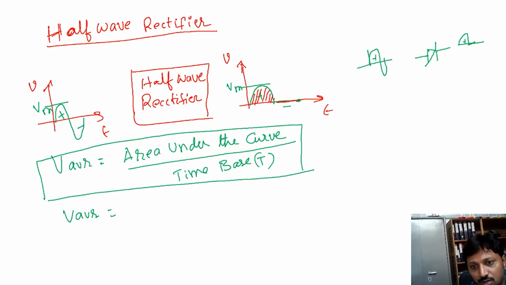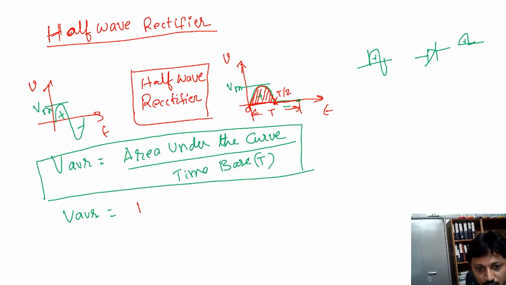This area is 0. What is the time period of this signal? The time period is T, and here this value is T by 2. We are only interested in finding the area under the curve from 0 to T by 2, but the time period is from 0 to T. So what is the equation for the area under the curve?